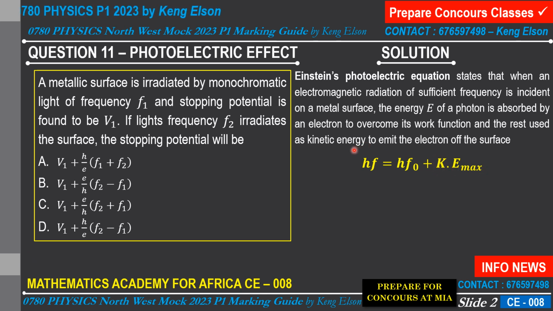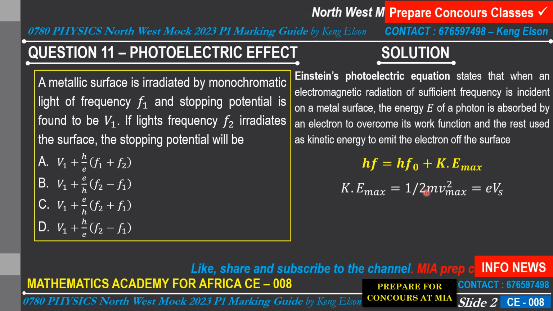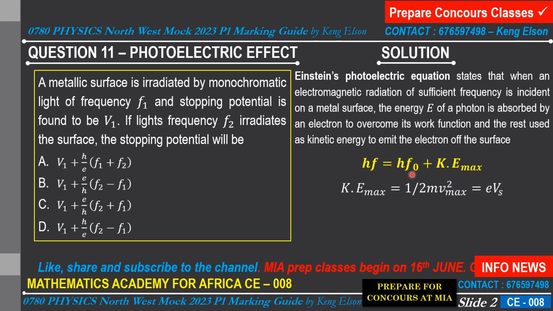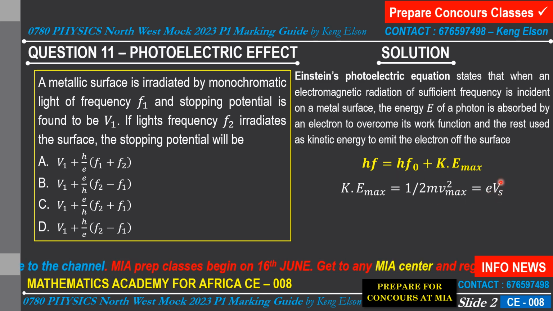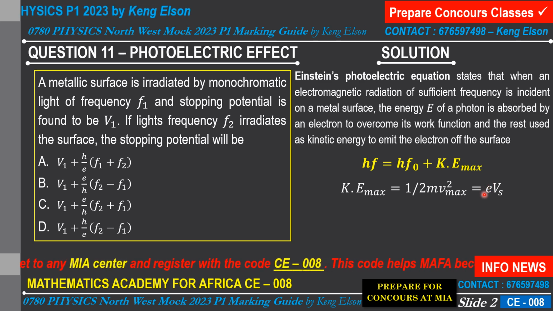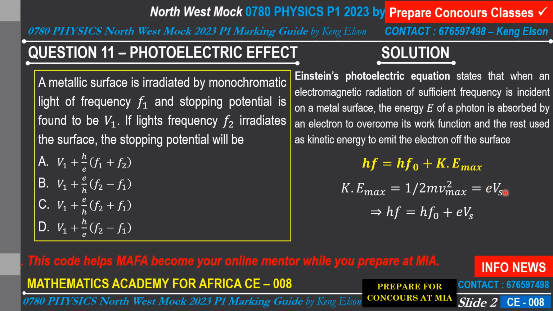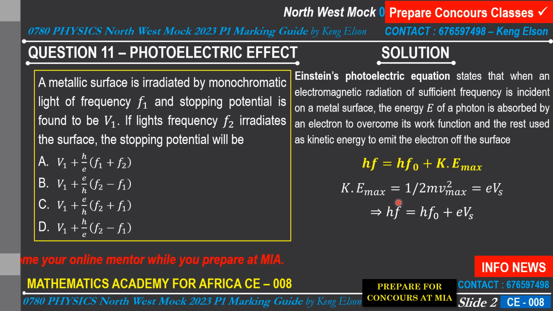So this is what we call Einstein's photoelectric equation. Now, the maximum kinetic energy is half mv squared max, which is equivalent to EVs. Vs is what we call the stopping potential, and E here is the electronic charge of the electron. So we are just going to have HF equal to HF0 plus EVs.